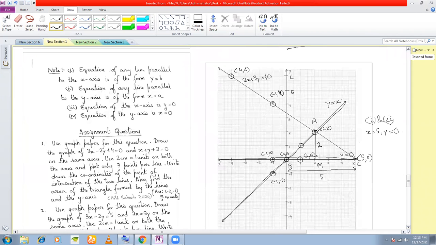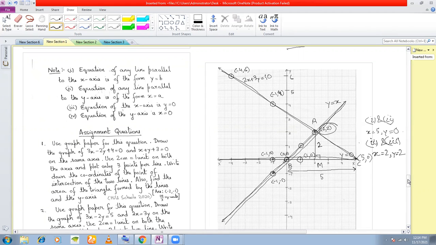What are the lines? This is the line and this is the line. What is the point of intersection? For 2 and 3, what is the solution of the simultaneous equations? X is equal to 2, y is equal to 2. Clear?